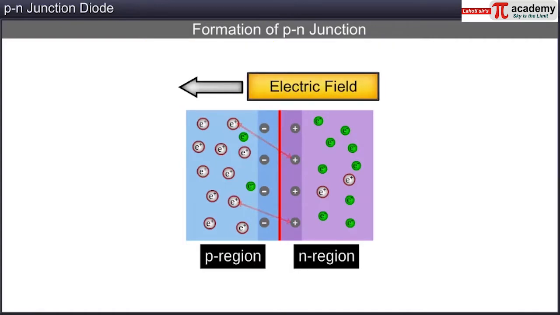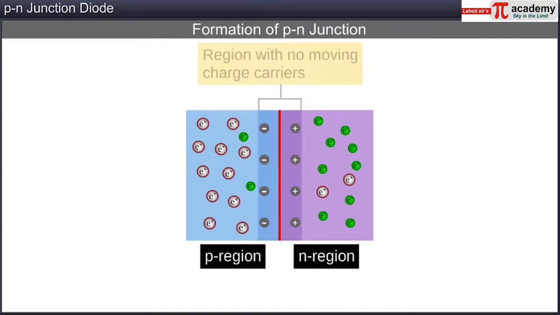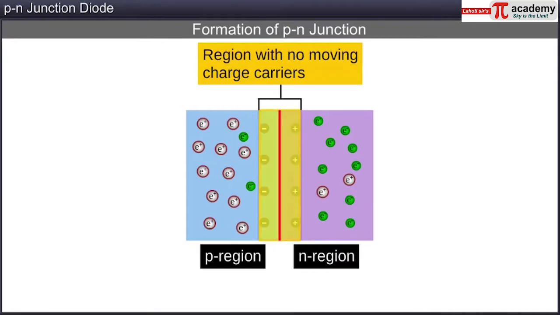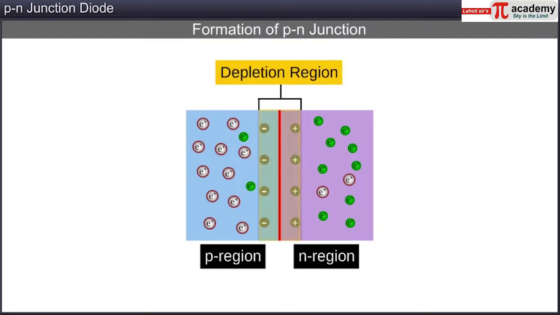This creates an electric field near the junction, which is directed from the n side to the p side. Thus, a small region is created on either side of the p-n junction where no free charge carriers can exist. The region free of moving charge carriers extends on either side of a p-n junction and is called the depletion region.